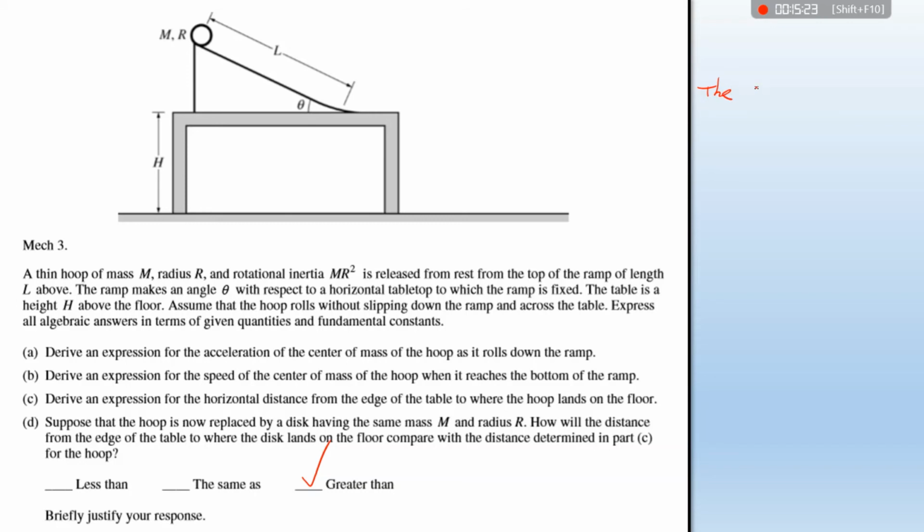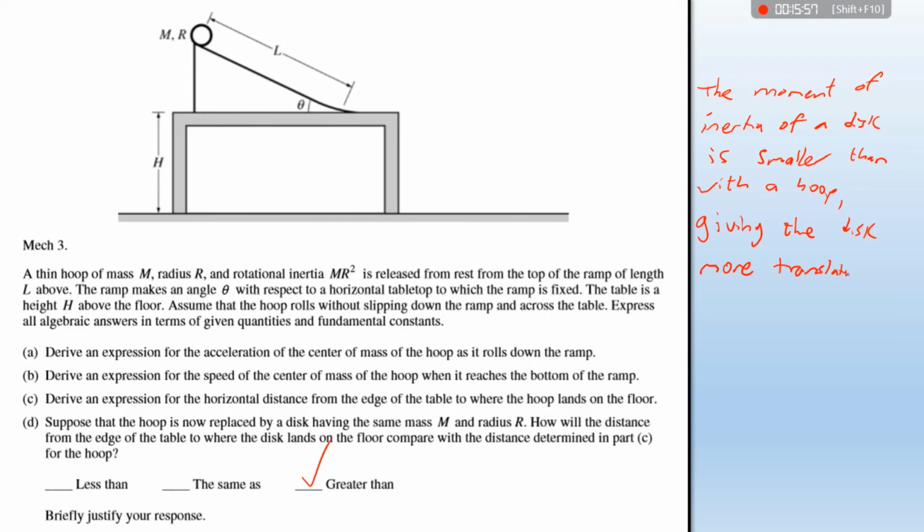Greater speed. Okay. So greater speed, we could say something like: the moment of inertia of a disk is smaller than with a hoop, giving the disk more translational energy, and therefore more horizontal speed as it falls.